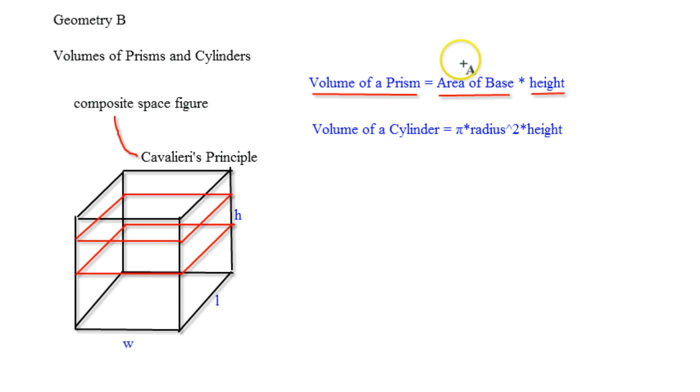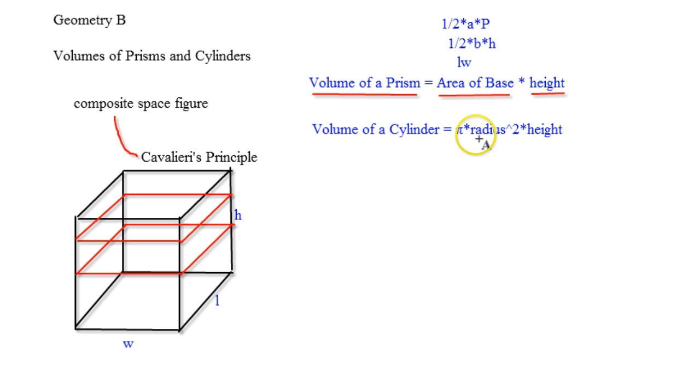Once again, area of the base could be length times width. It could be a triangle, which would be 1/2 times base times height. It could be a regular shape, which is 1/2 times apothem times perimeter of that shape. Whatever you're dealing with, the area of the base formula could be different. But the height is pretty much going to be the same, whether it be altitude or the actual height of a right figure.